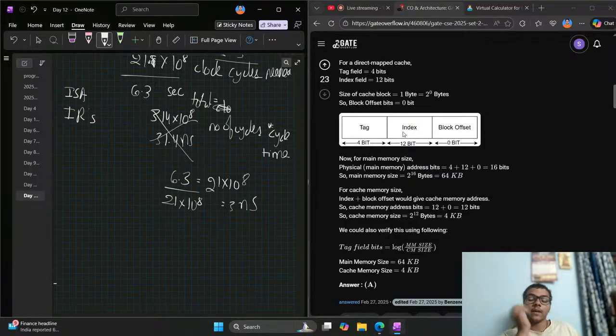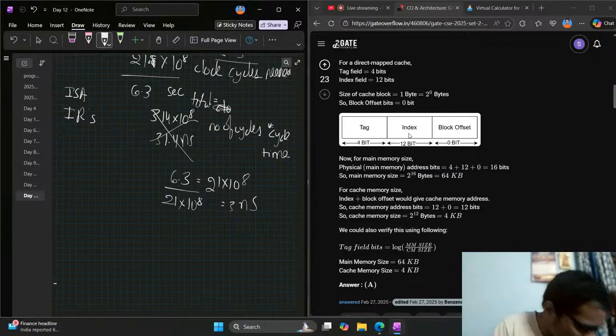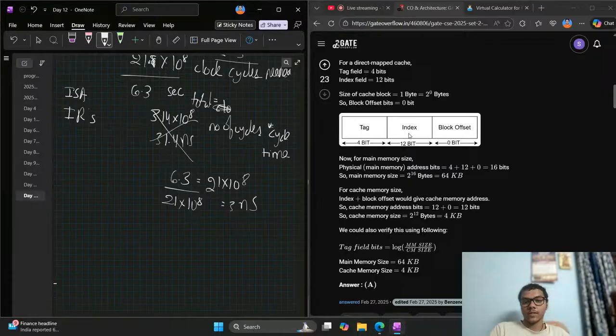Okay, but offset and page size in OS, that is a different concept. Size of cache block is 1 byte. Now for main memory size, physical address is 16 bits.